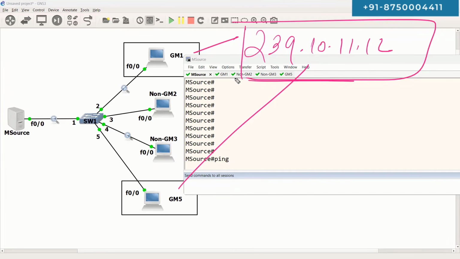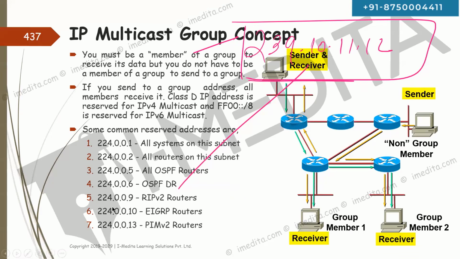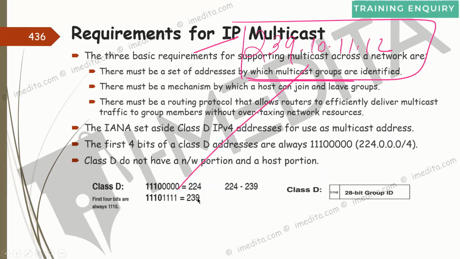224 to 239, not 231 actually. I think I somewhere wrote 231. The 224 to 239 range is there for the multicasting.